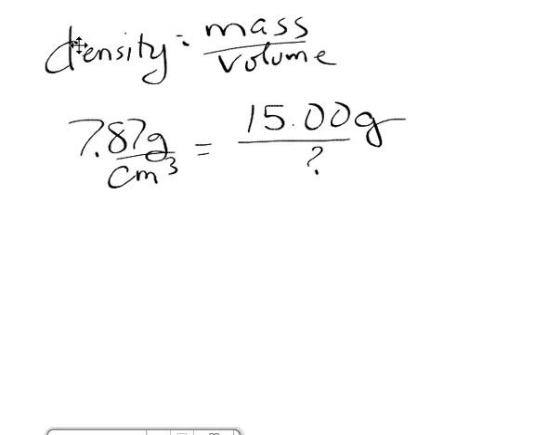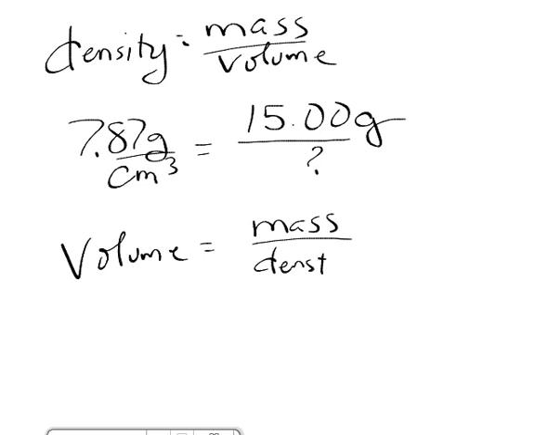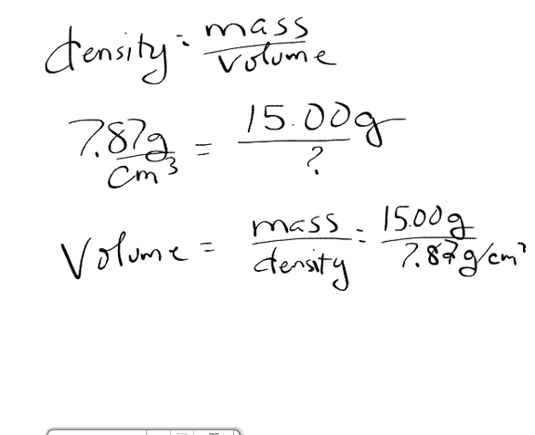So what's the volume? You can figure that out, right? Rearrange density. Volume must be equal to mass divided by density. So that's going to be the mass, 15 grams, divided by the density, 7.87 grams per centimeter cubed.